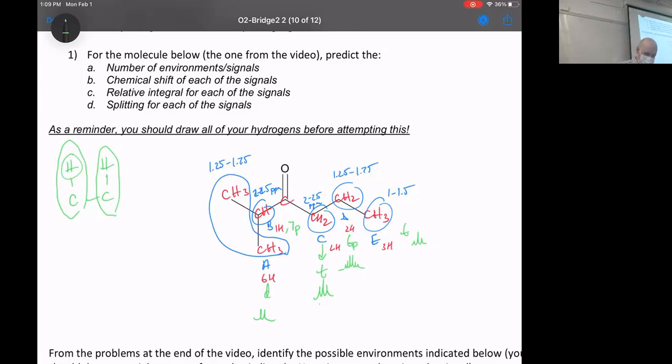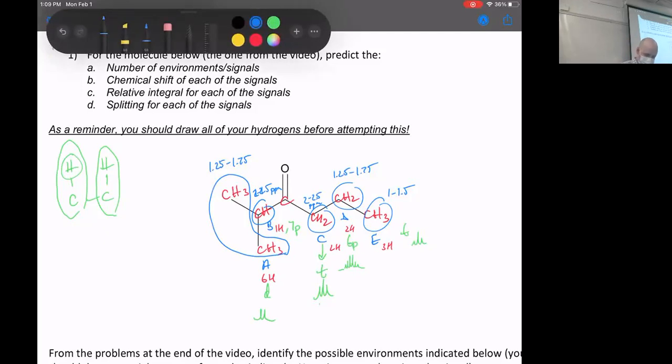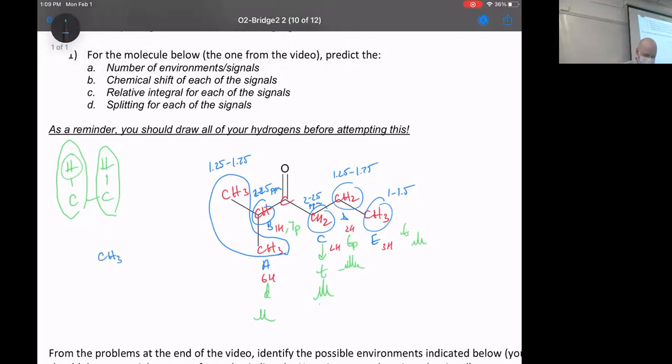All right, a couple quick weird ones for you. What if you are in this environment right here? What would your splitting be? Madeline, what do you think? So you are a CH2. Got a CH3 on one side and an OH on the other. Okay. No. I'd rather walk into traps together than to do it on a quiz.